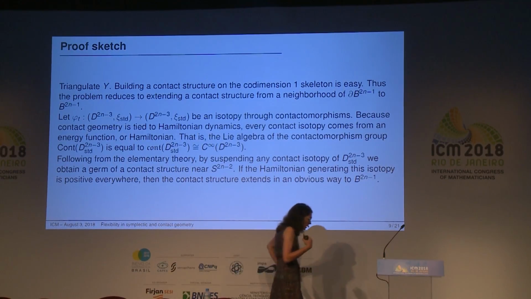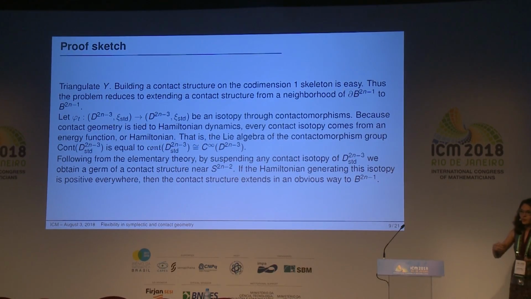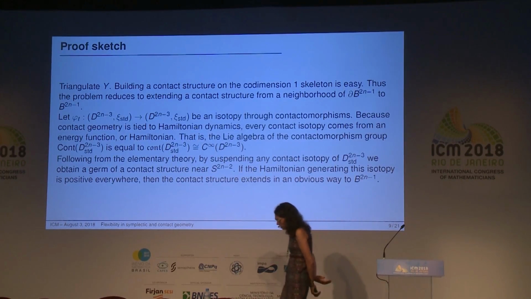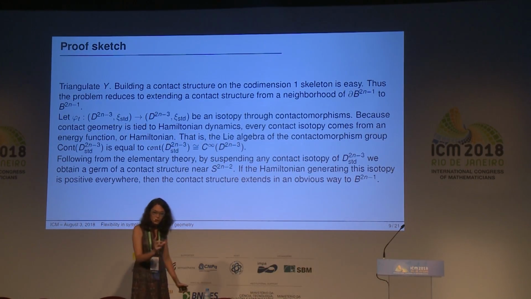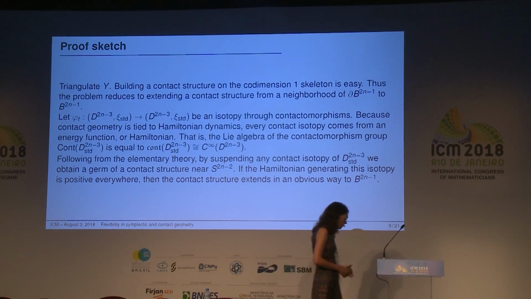First, if I have any contact isotopy, I can take the suspension of this: take this isotopy and then use the time one map to glue my contact thing back to itself. And that gives me a germ of a contact structure near the sphere, one dimension bigger.